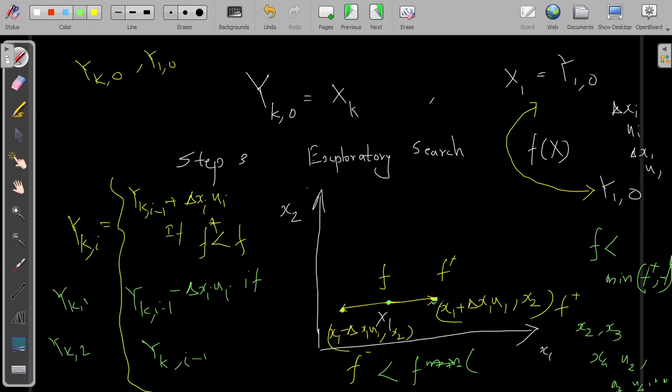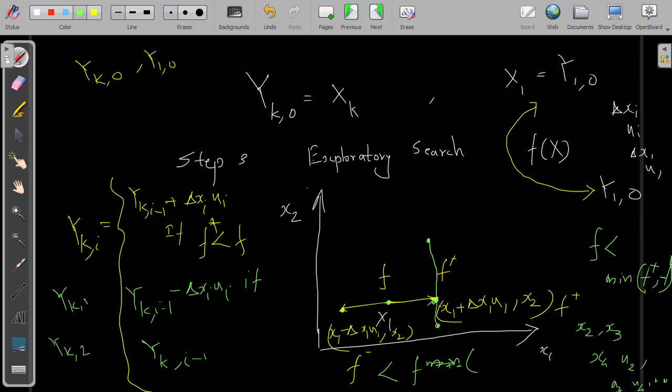From this yk1 we will get yk2 by the exploratory search in the x2 direction, either in this direction or in this direction.